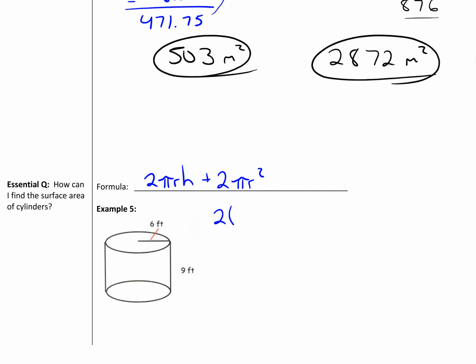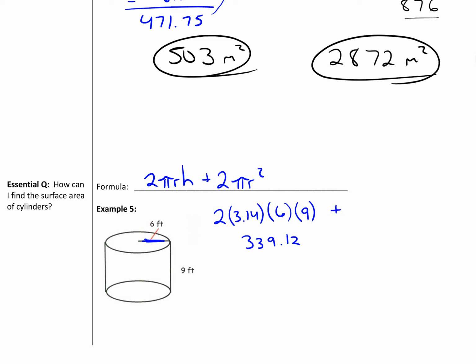So take 2 times 3.14, which is pi. Your radius is 6 here, and your height of the figure is 9. We multiply that out, and that gives us 339.12.